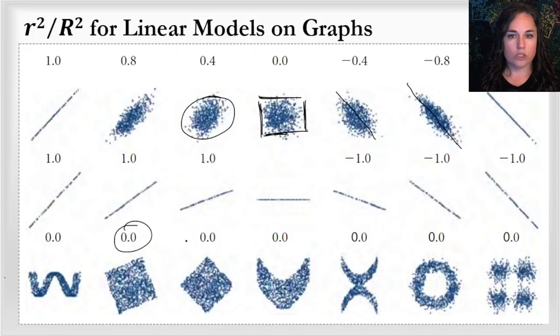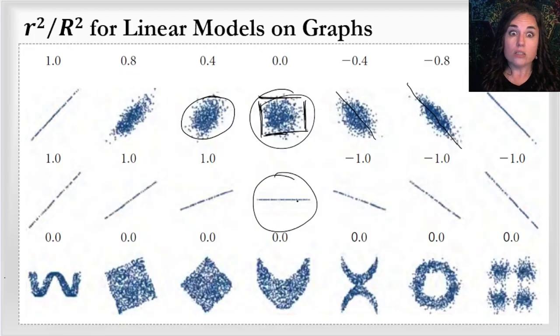That looks like a line, but there's no mx plus b that will fit this. Actually, you're just going to have y equals some value. That's not a linear function. That's a constant function, okay?